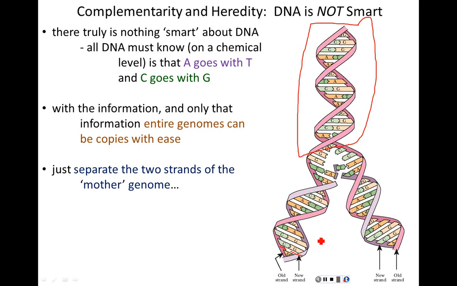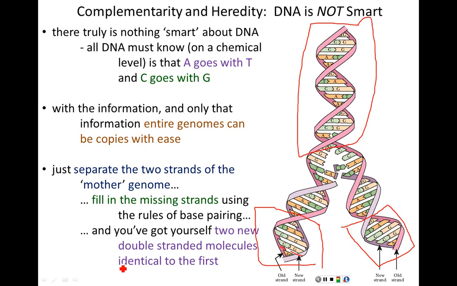A C. And we wind up making two identical molecules that equal the sequence of the first, because what we're doing is we're pulling apart the two strands of DNA and using each of those original strands as a template, telling us what we should build across from it, restoring those base pairs.